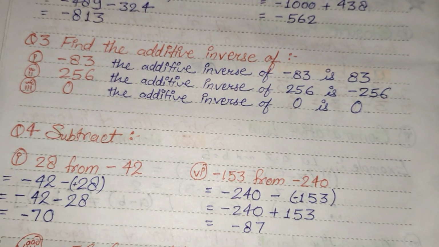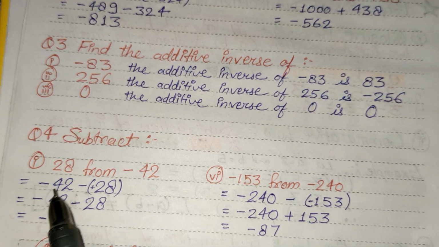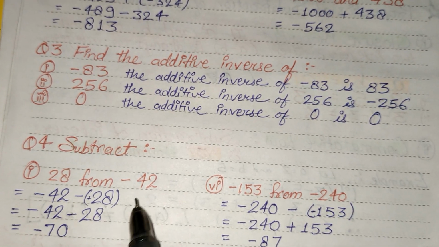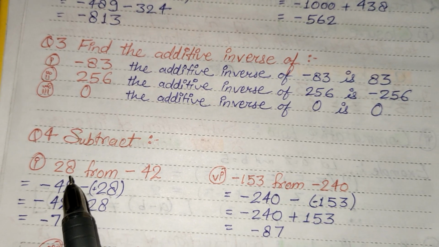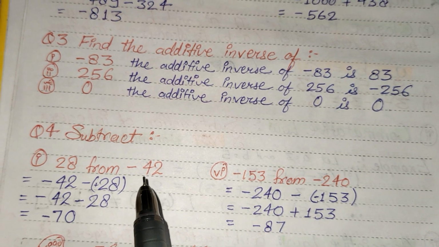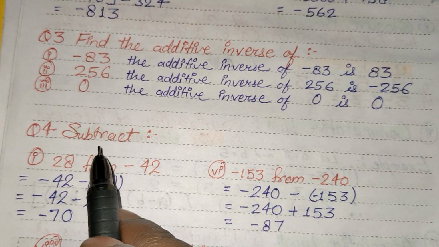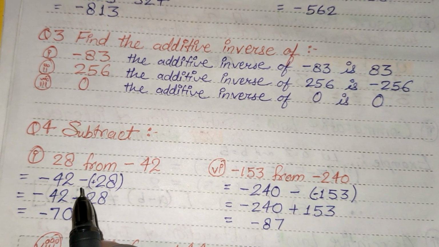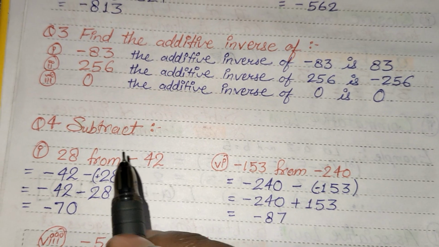Now question number 4, subtract. So you have to subtract it. Now see the first number, 28 from minus 42. Here see clearly, 28 from minus 42, so you have to write minus 42 first and then put the sign of subtraction and write the first integer last.